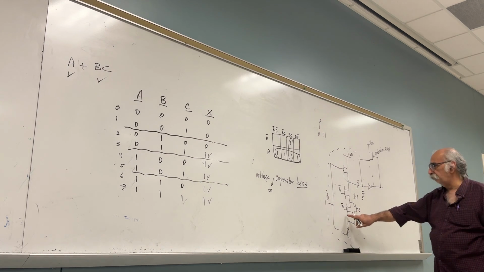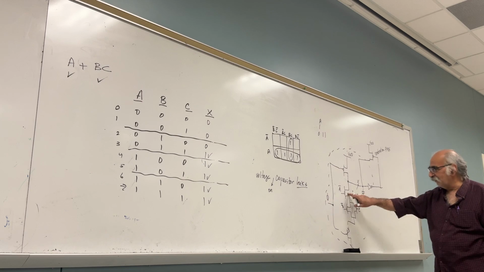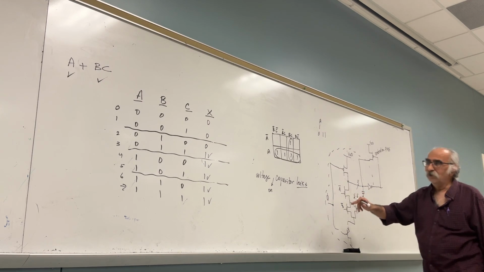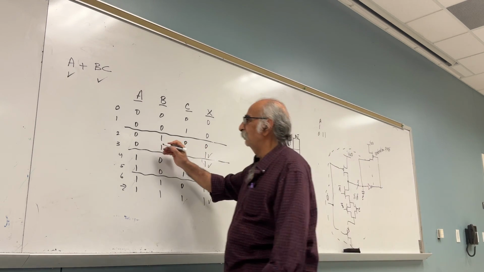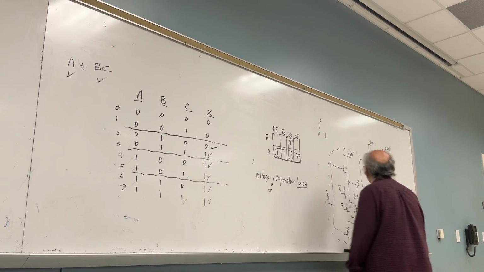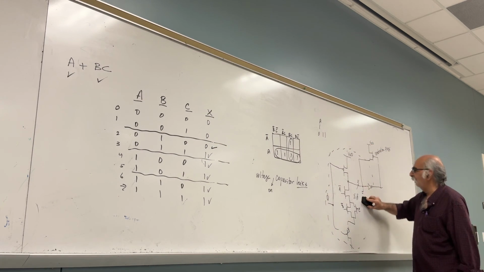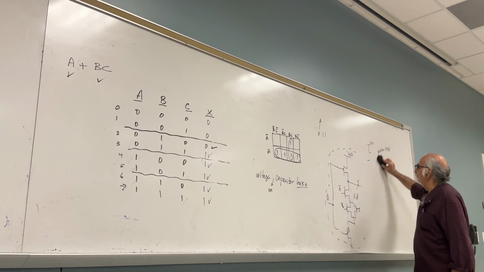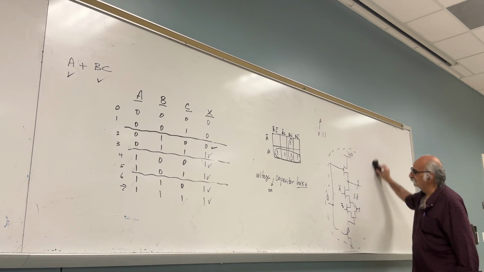These are all off. Yes? But A is conducting. Do you agree that this one is conducting? Yes. Okay. Now I am going to raise this and tell me what happens.